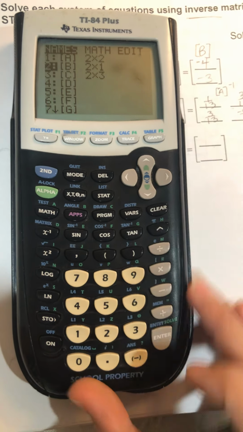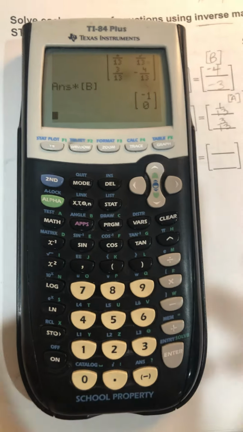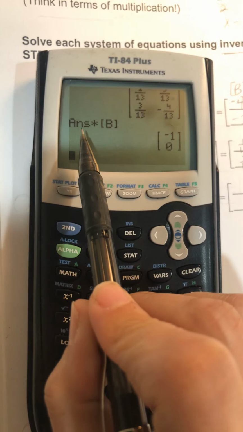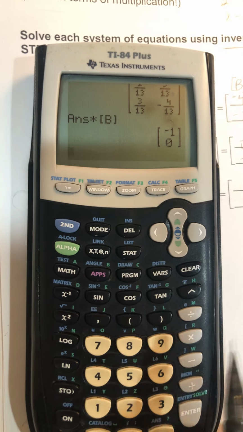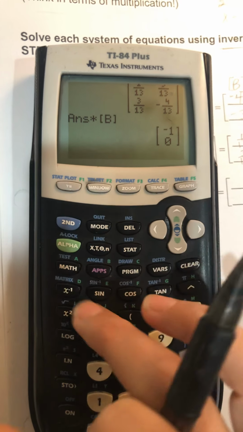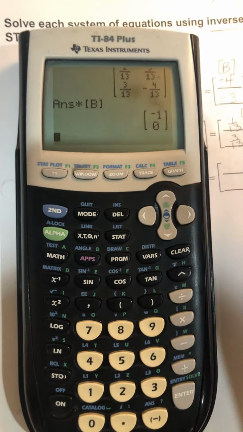Matrix B, enter, enter. It does. So we found our inverse up here, and now I just took our answer, hit multiply, went second matrix, and chose matrix B.